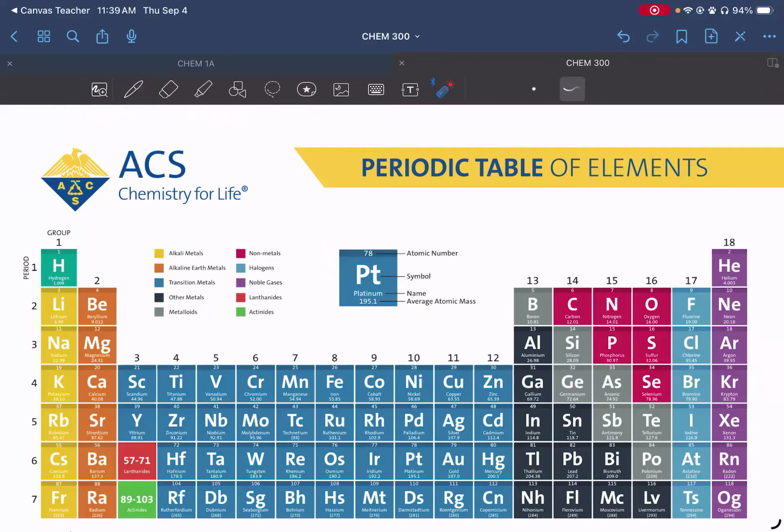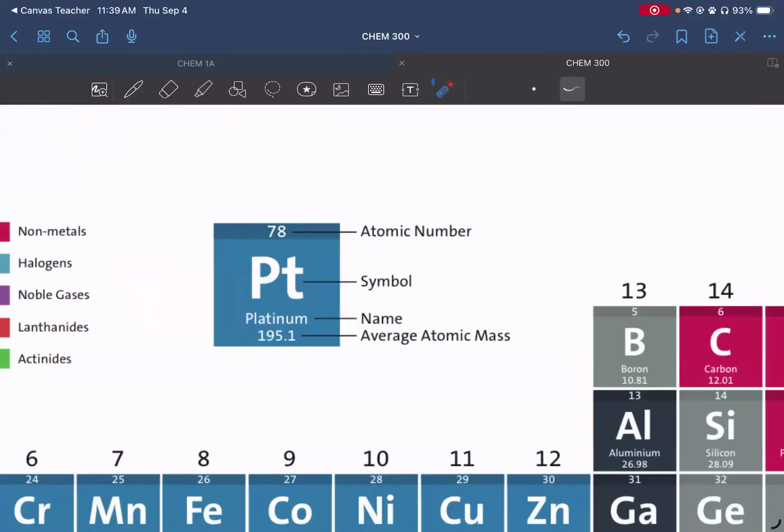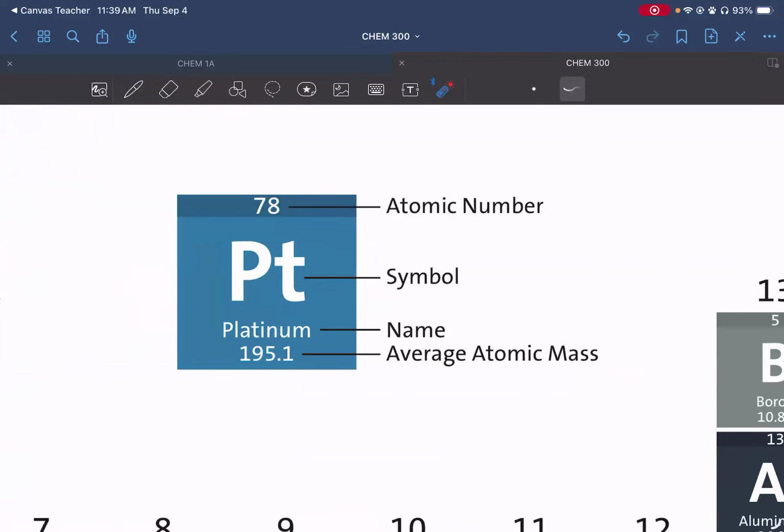All right. Referring to the rest of the periodic table, I want you to notice two things, specifically the legend. Number one, right here just shows how the elements are organized and what the symbols mean. On the very top, we have the atomic number. Don't forget, what does the atomic number mean? It's the number of protons and the number of electrons.